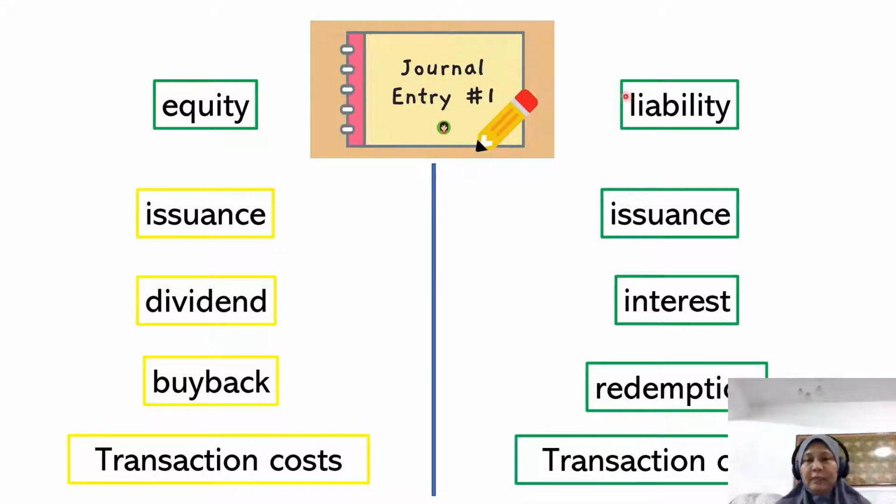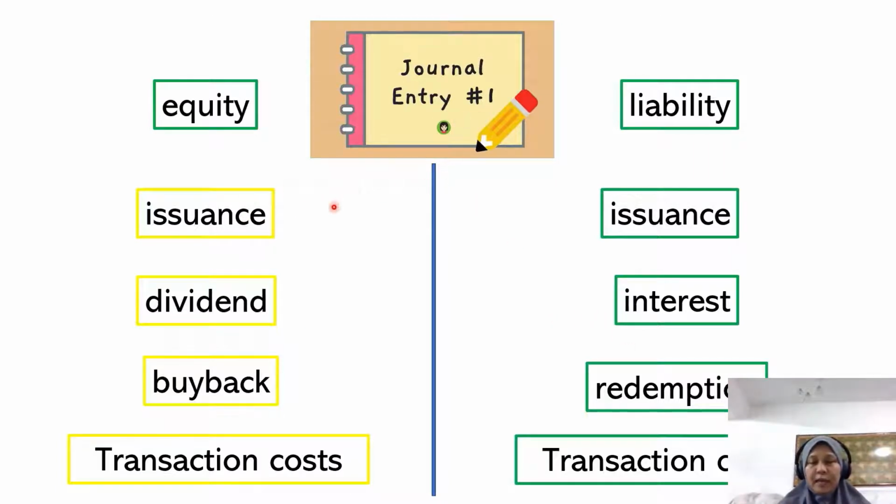And for liability instruments, we prepare the journal entries to show the issuance of the liability instruments, the interest paid and the interest charge, as well as the redemption of the liability and the transaction costs. So both of the instruments have quite similar transactions that need to be recorded in the form of journal entries.